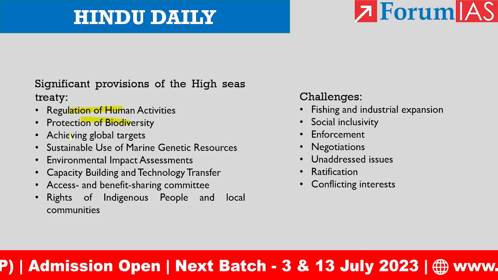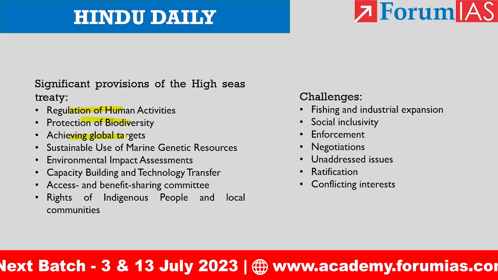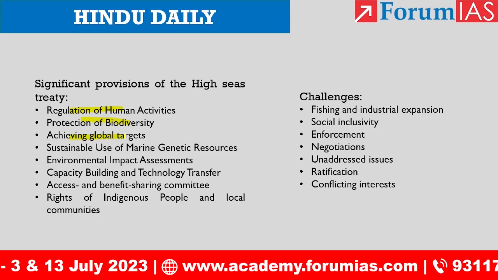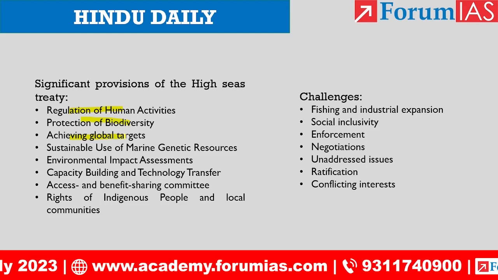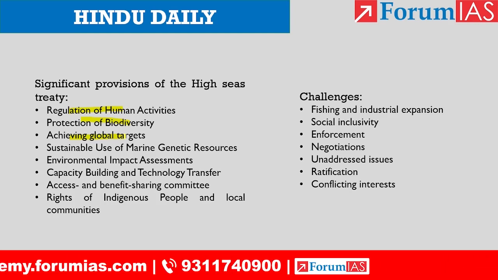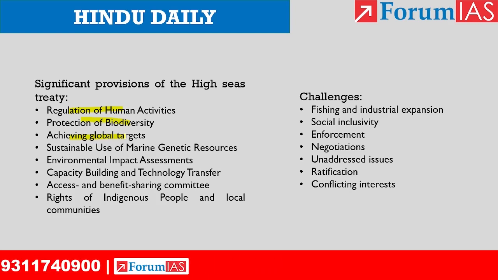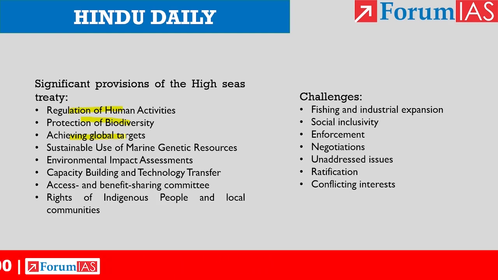Then the third provision is achieving global targets. The UN High Seas Treaty is very important for reaching the goals and targets of the 2030 Agenda for Sustainable Development, and even for achieving the Kunming-Montreal Global Biodiversity Framework.